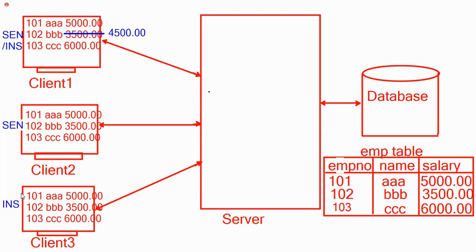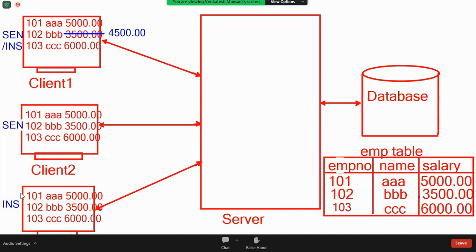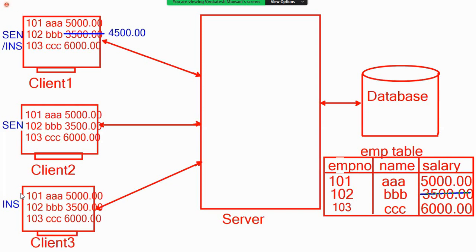Okay. Now here, first you will update the data in the result set. Then that request comes here, and the table is also updated. It is permanently updated. Suppose the salary is 4,500.